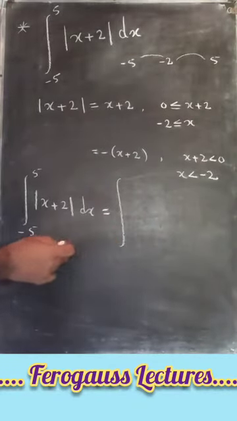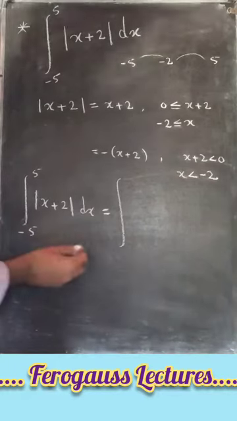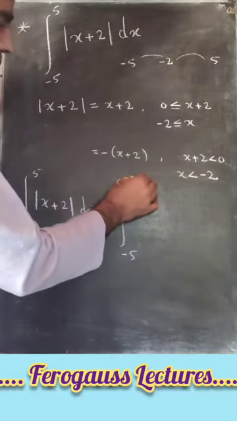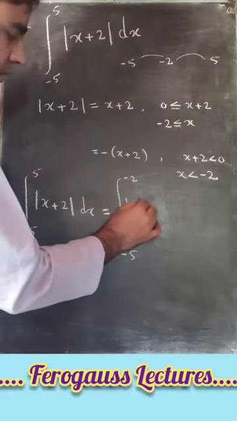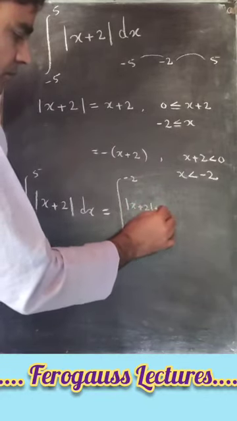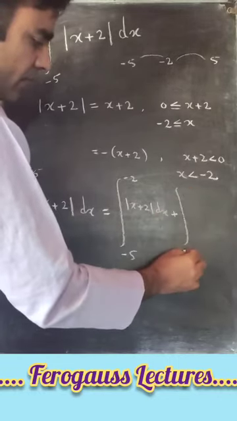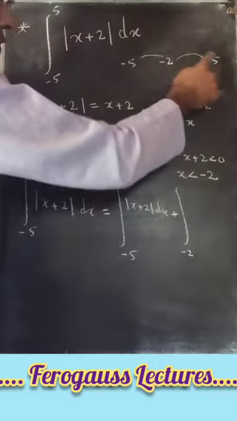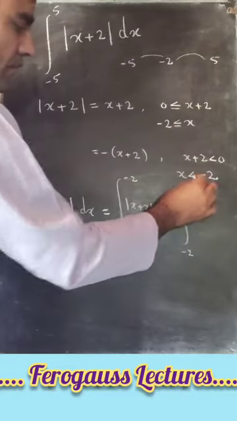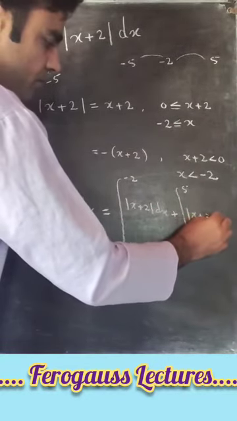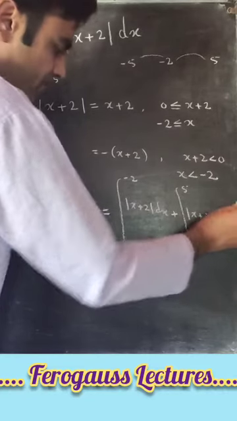Okay, so we can break this as -5 to -2 mod of x plus 2 dx plus integral -2 to 5 mod of x plus 2 dx.